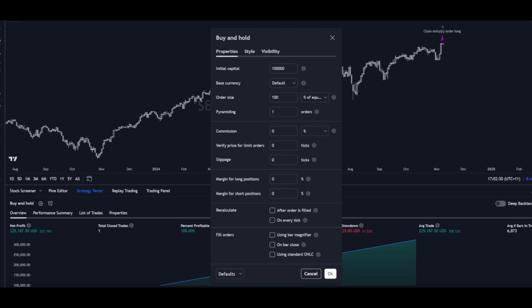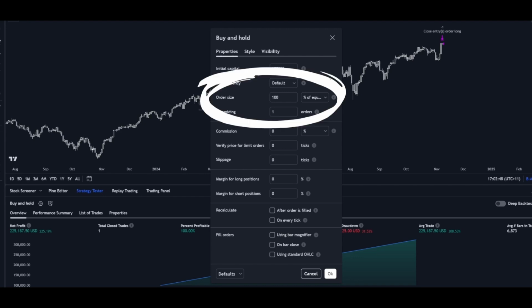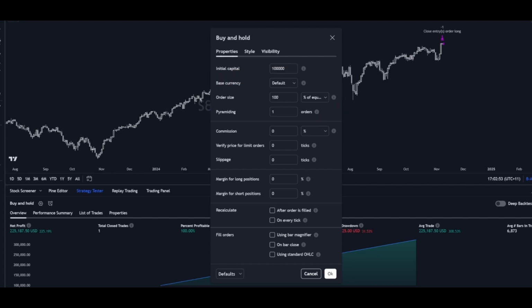Now, the other thing to note here is the order size. So I've made this 100% of equity as opposed to one contract. The reason for this, and it's important, is that as the account size grows, so too can the order size.